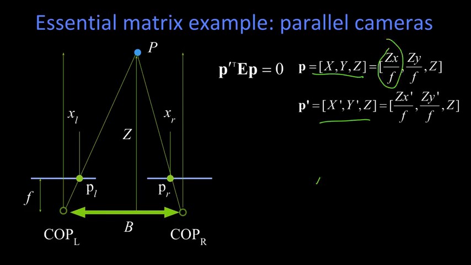We assume that under normal projection, little x is F times big X over big Z. So I'm just writing big X as Z times little x divided by F. And that's how I entered these things here. Same thing with the primes over there.